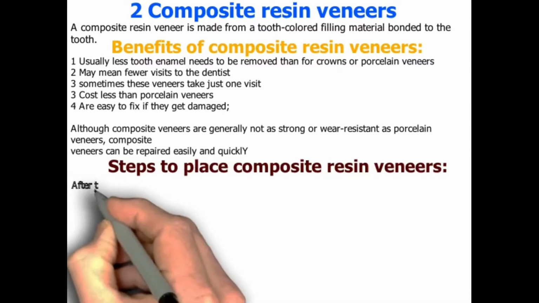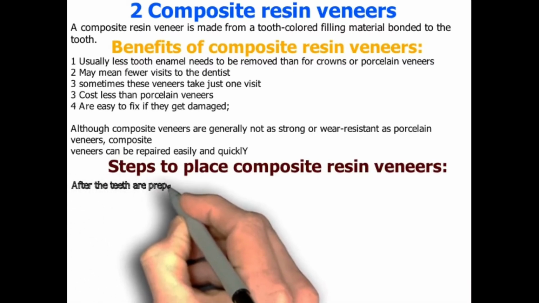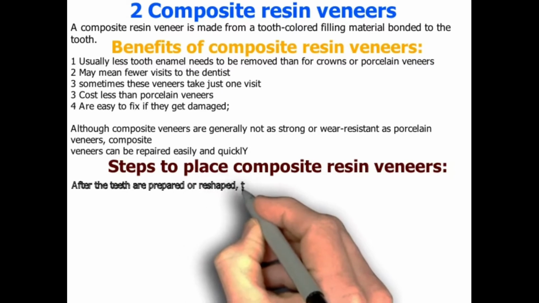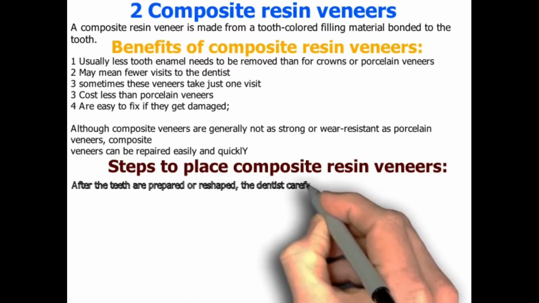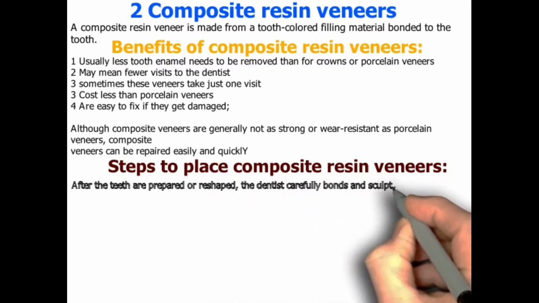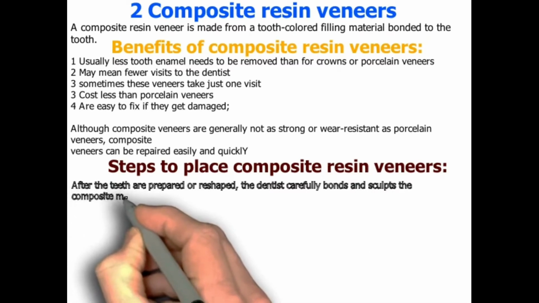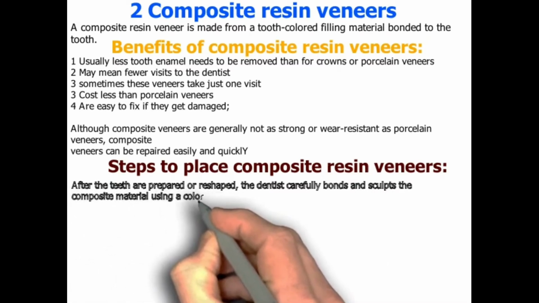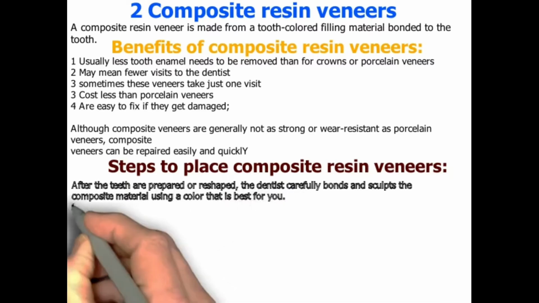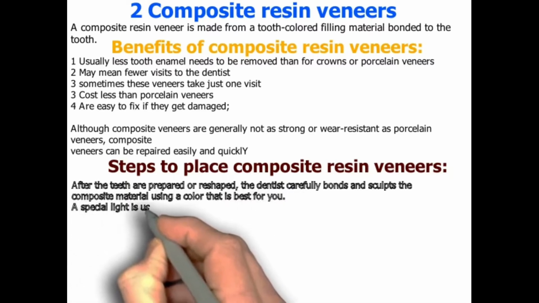Steps to place composite resin veneers. After the teeth are prepared or reshaped, the dentist carefully bonds and sculpts the composite material using a color that is best for you.